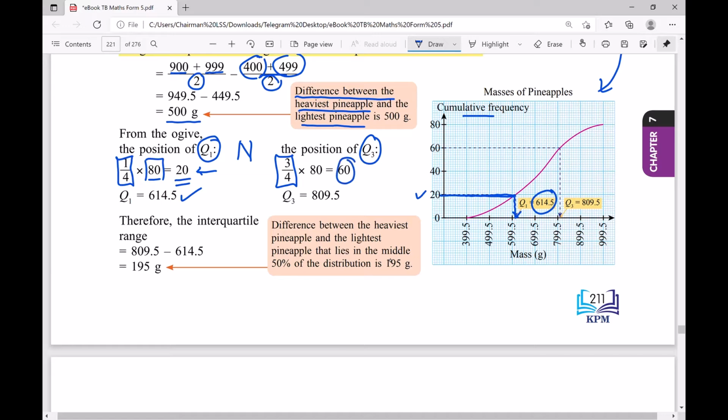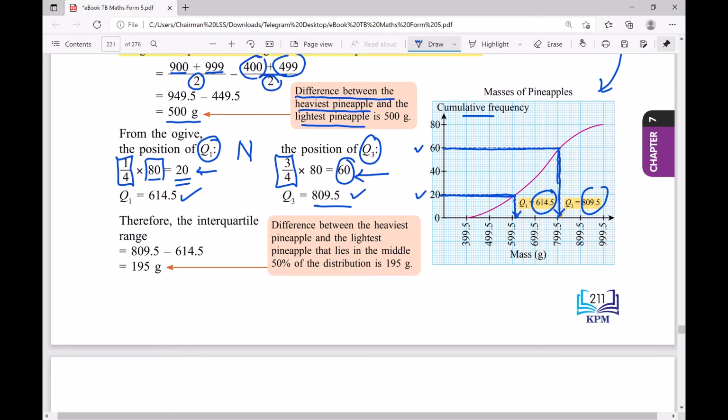You'll get 60. This 60, you look from the graph, cumulative frequency. This is 60. So you go and find it on your x-axis. So you get this one, at 809.5.